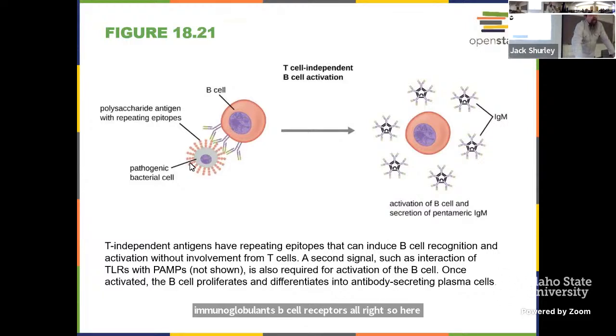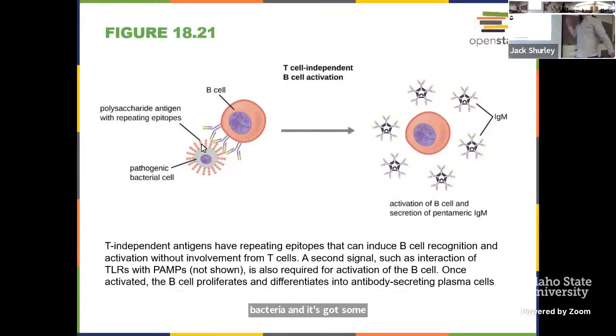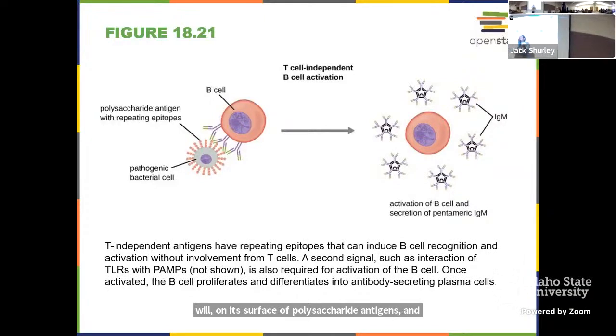So here we've got a bacterium and it's got some markers, fingerprints, if you will, on its surface, some polysaccharide antigens, and there's some epitopes, again, stimulating that immune response that the receptor can recognize. As that happens, this is a T cell independent activation.